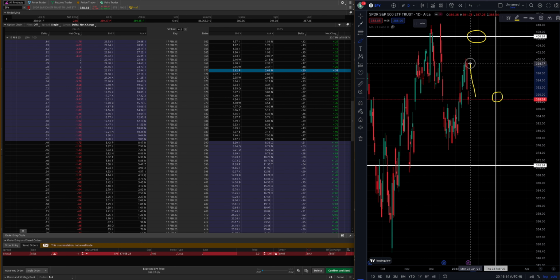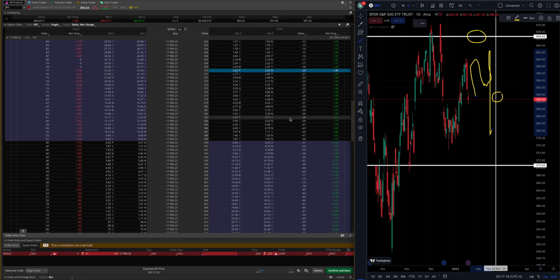So the price can go up a little bit, it can go down, it can go sideways, it can go back up, it can rally, it can tank. As long as it stays below your short strike, which is your 406, you'll keep that $201 or whatever the number may be after your commissions.